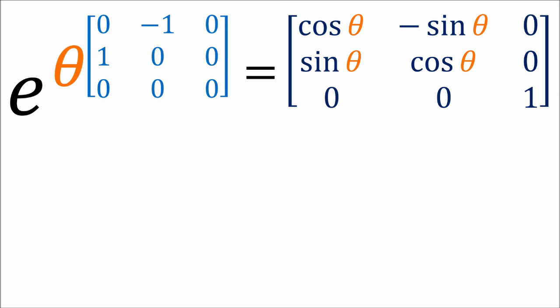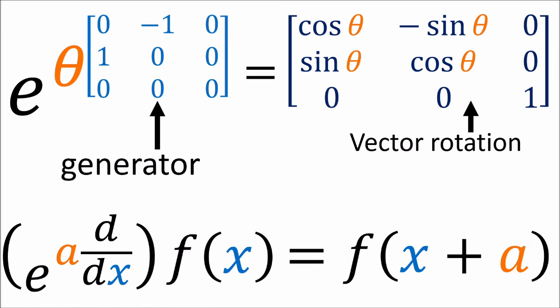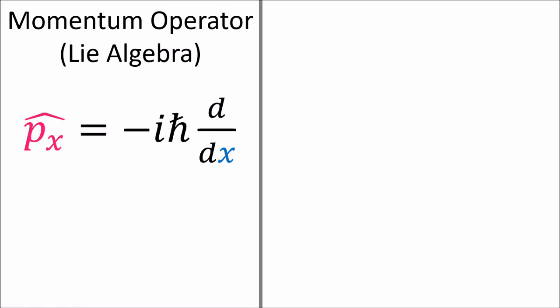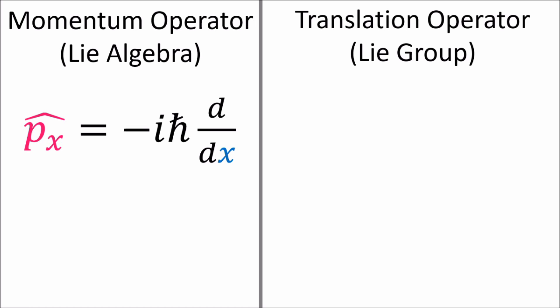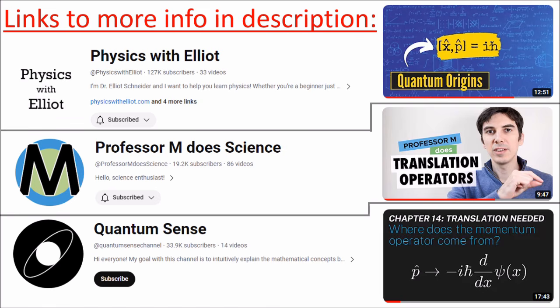So just as these 3x3 matrices generate rotation matrices on 3D vectors when exponentiated, this derivative operator generates a translation operator on functions when exponentiated. This is related to why the momentum operator in quantum mechanics contains a derivative, because momentum is the generator of translations. And it uses the complex i to ensure the operator is Hermitian. I won't say any more about that in this video, but I've left some links in the description to videos that go into more detail.